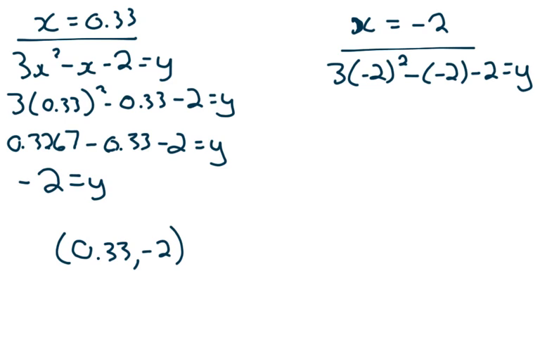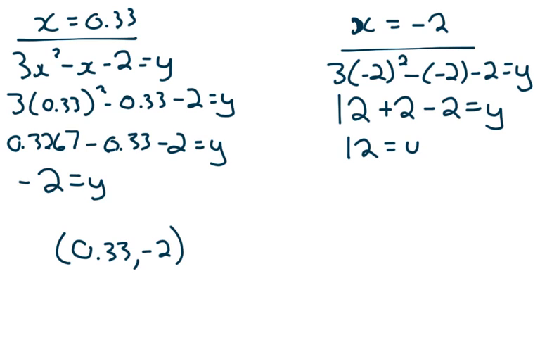Do the math. -2 squared is 4. Multiplied by 3 is 12. Subtract -2 is actually +2. And -2 there. Work that out, and we get that y is 12. So our final point of intersection is at -2, 12.